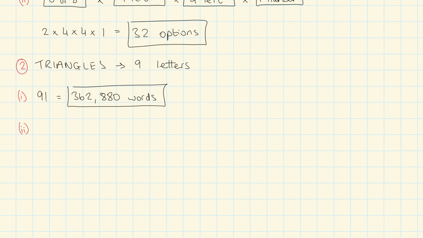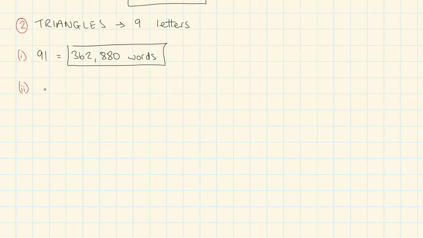Part 2, the 3 vowels must be together. Again, best to draw this out. For vowels, we have I, A, and E, and then I'm left over with T, R, N, G, L, and S. For my vowels, we have 3 factorial, and here we have 6 letters, but overall, we consider the word to be 7 letters.